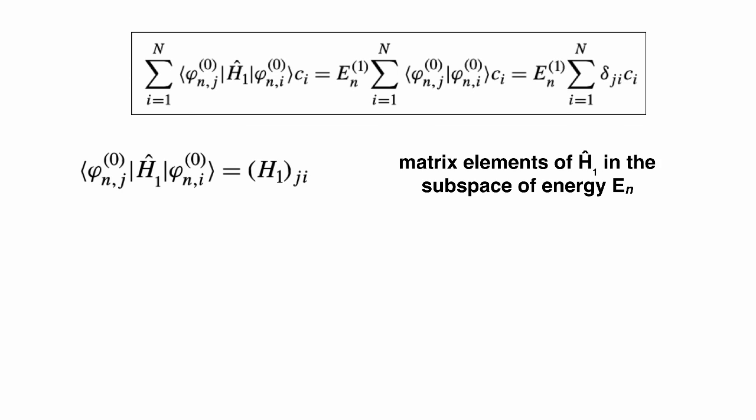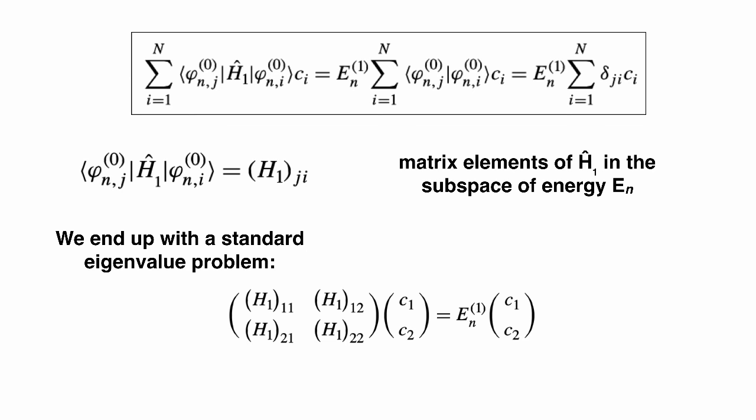This is an eigenvalue problem that can be written like this. Again, this is one of those things that you get familiar with by doing it. So try to convince yourself that indeed the equation that we have in the box can be rewritten in a matrix form as written right there.